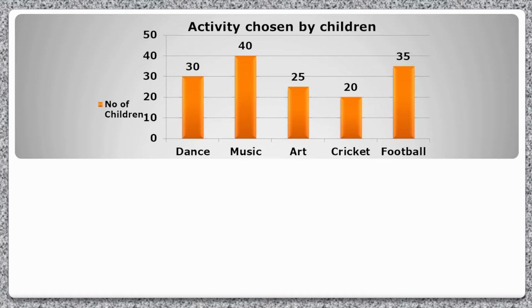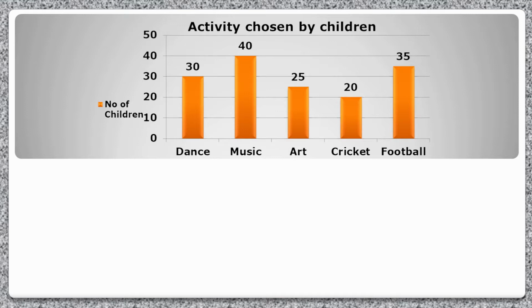The data items are arranged on the horizontal line. In this bar graph, activities like dance, music, art, cricket, and football are depicted upon horizontal line.